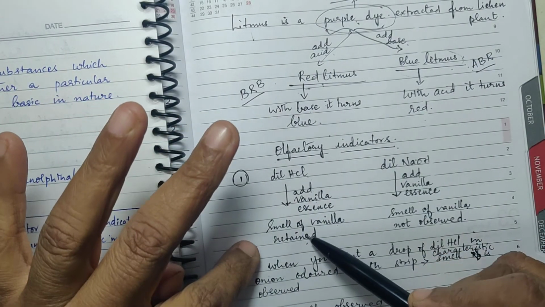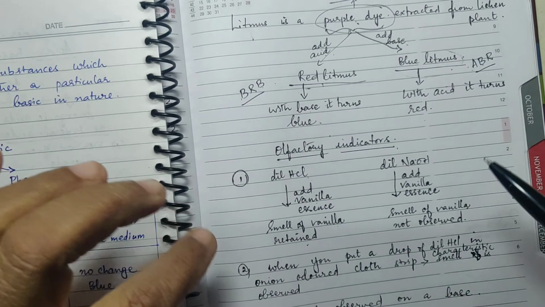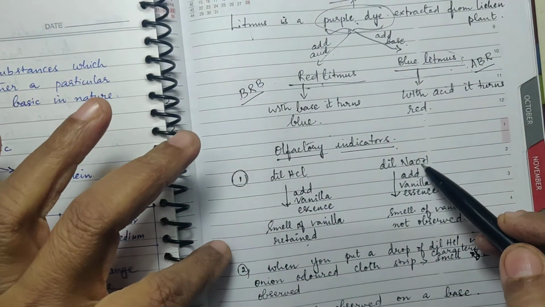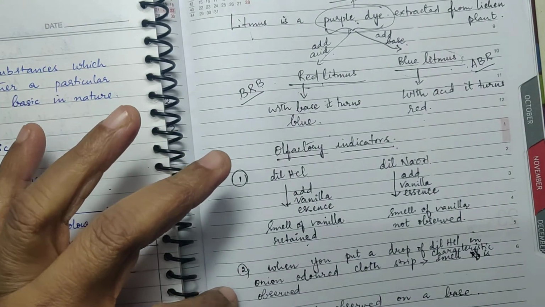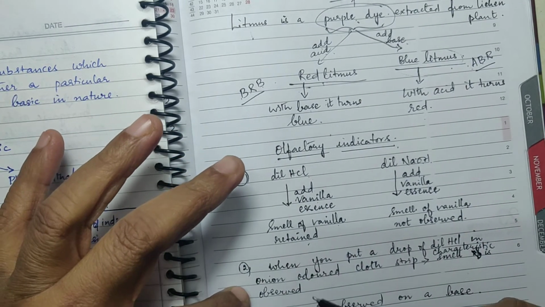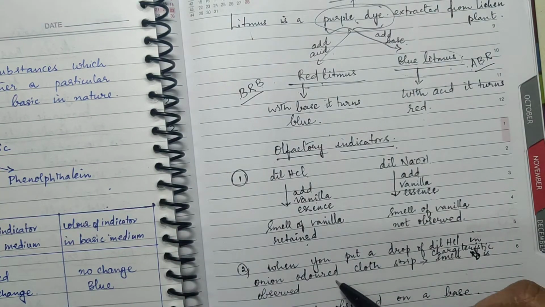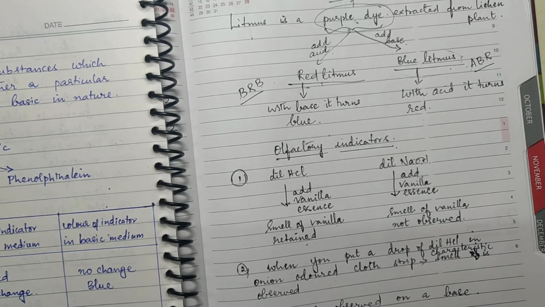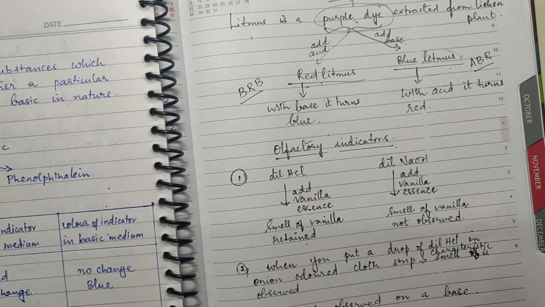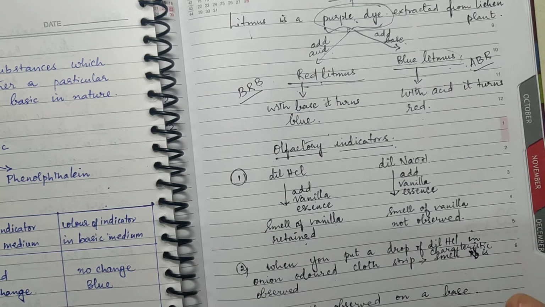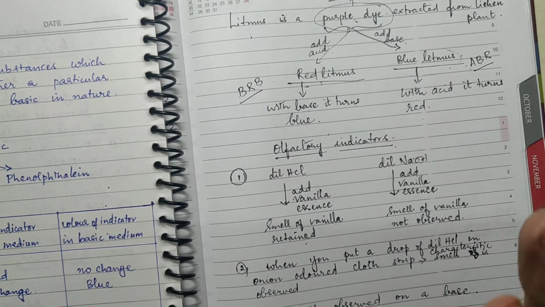So if the smell is retained, that means the solution is acidic. And if the smell is gone, then the sample to which you have added vanilla essence is a base. Same way, you can also do it with an onion-scented cloth strip. Now, how do you make this? You take some finely chopped onions, place them in a clean cloth, tie it properly and leave it in the refrigerator overnight.